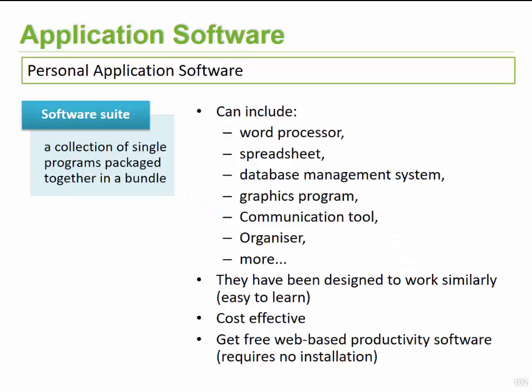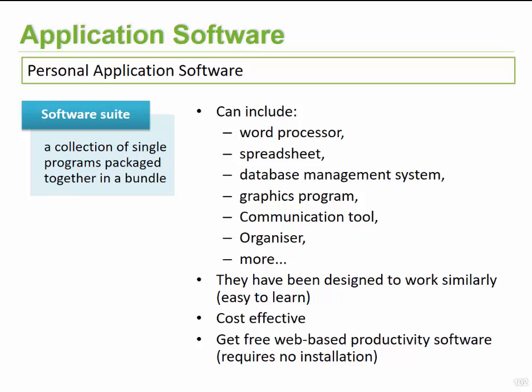When we talk about software, we also need to talk about a concept called a software suite. A software suite is a collection of single programs that are packaged together and sold as a bundle. We find it with something like Microsoft Office, where depending on the bundle that you select, you will get Word, Excel, PowerPoint, and for the higher range bundles, you could get Access and other functionality. So a lot of programs combined into one.